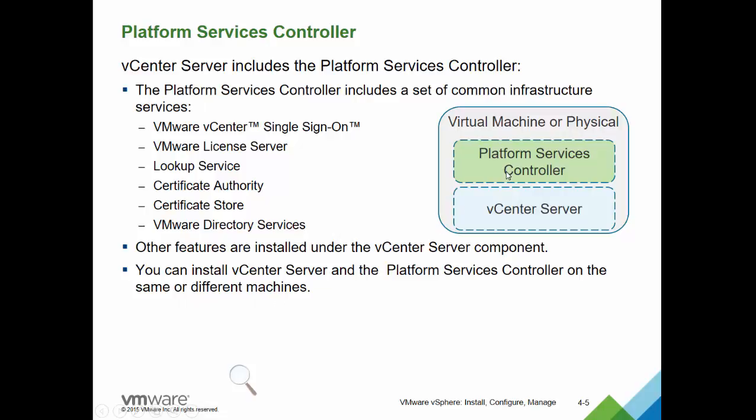So first thing from this slide, platform services controller has these separate services which were part of vCenter in 5.5, but they have been separated in 6.0. And why? Let's talk about that. And then we're going to talk about the services as well. What are these services? But now it's a separate installation for these services, but we can deploy both, which we're going to do today. We're going to deploy both, and that is called platform services controller embedded.